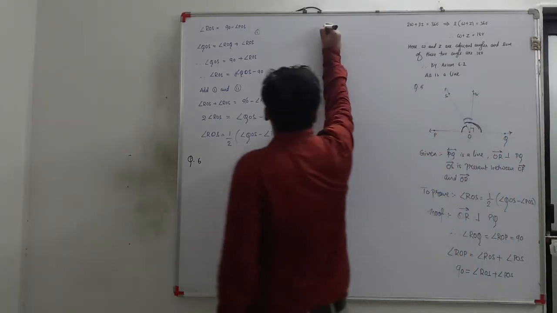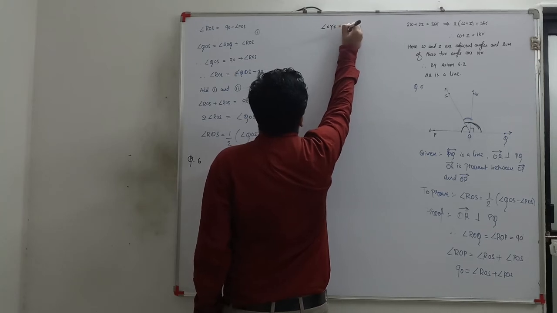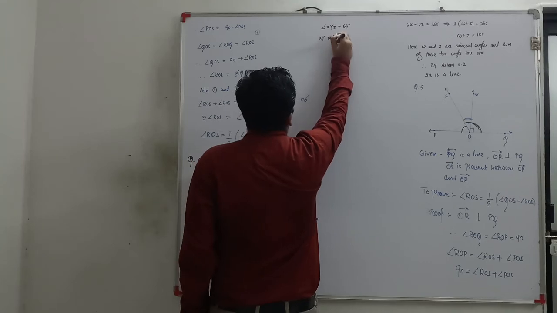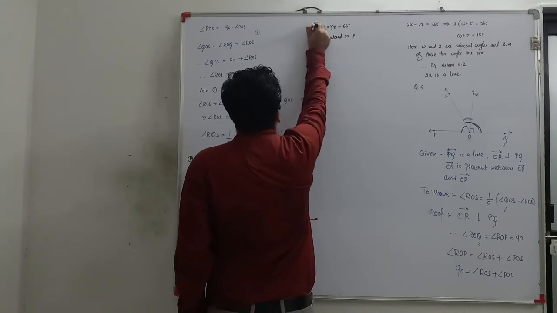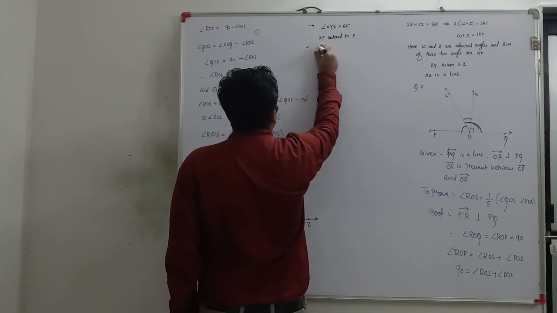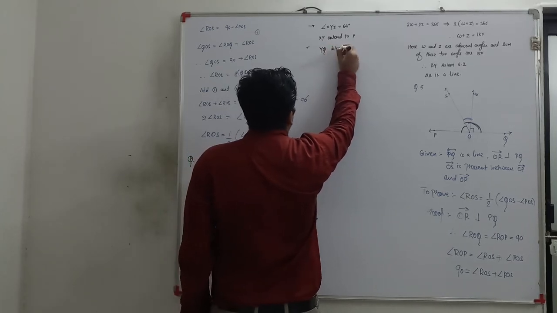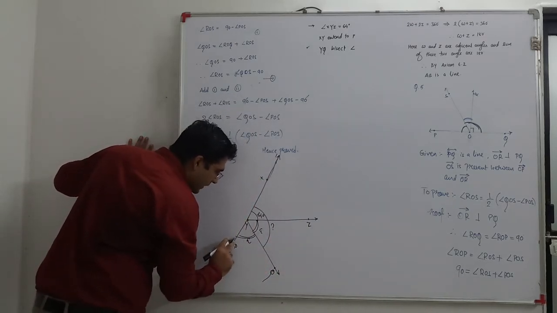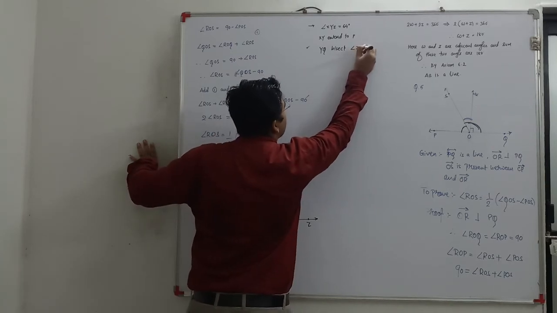First, angle XYZ is equal to 64 degrees. Second, XY is extended to P. Third, YQ bisects angle PYZ or ZYP.